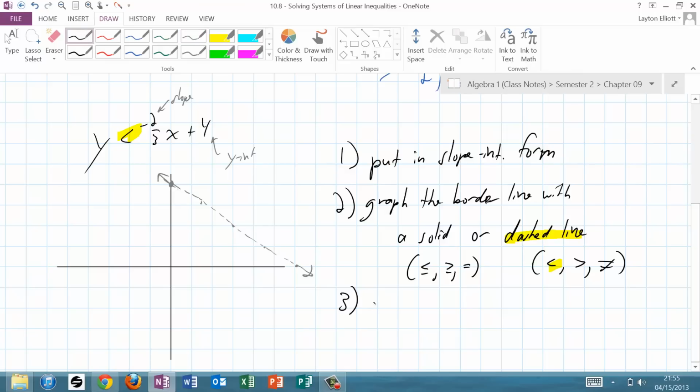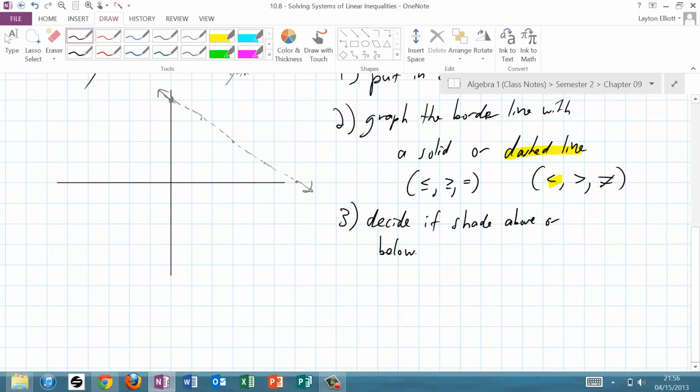Step 3, decide if shade above or below the line. For y is less than, or y is less than or equal, we shade below.